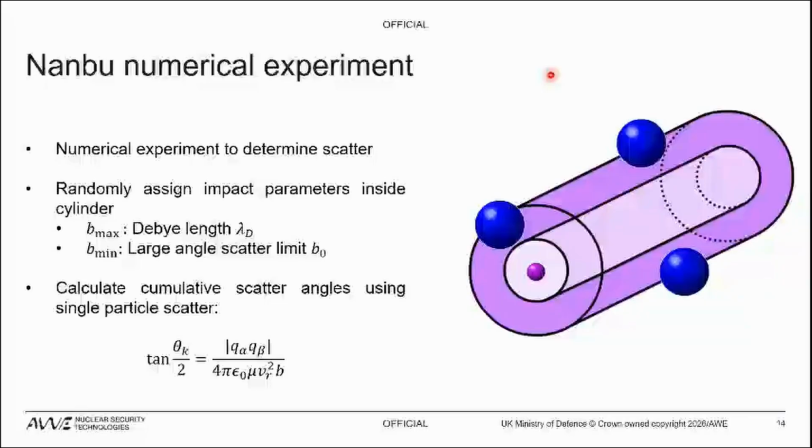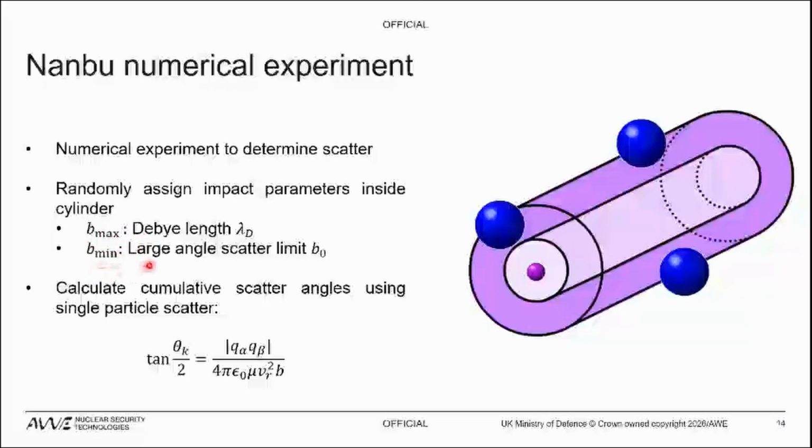So there's a very good numerical experiment to describe this that was described by a person called Nanbu. They did this numerical experiment where they have a single test particle and they fill in a load of particles for it to collide with at random distances from it, between some Bmax and some Bmin impact parameters.